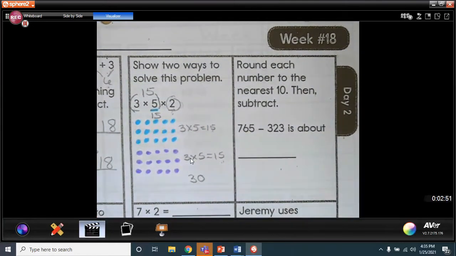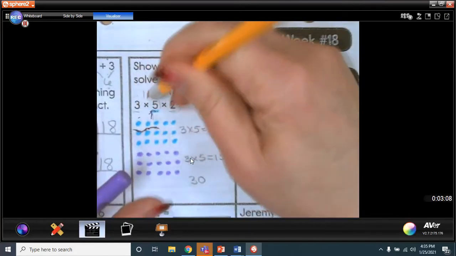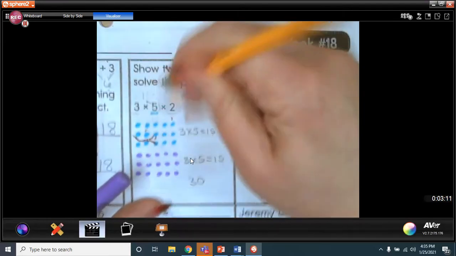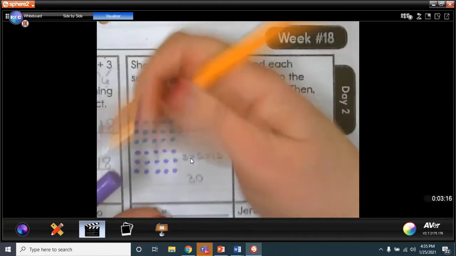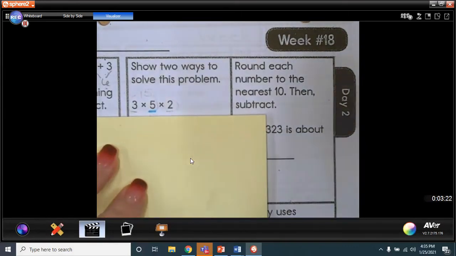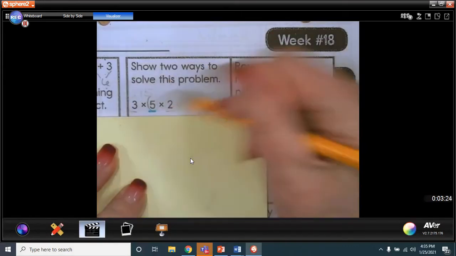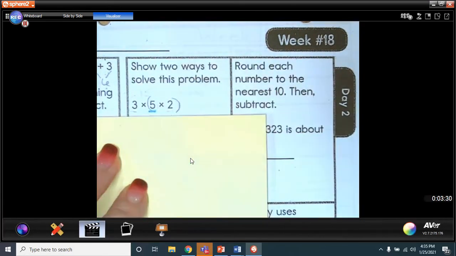Now, another way to think about this is we could actually take what we know, because remember, you can switch the factors around and the product will be the same. So if I were to take my 5 times 2 first, instead of doing 3 times 5, let's do 2 times 5, and we'll do that 3 times.